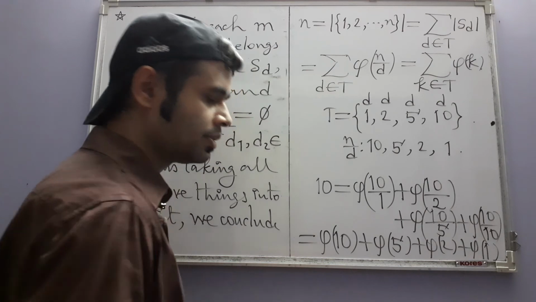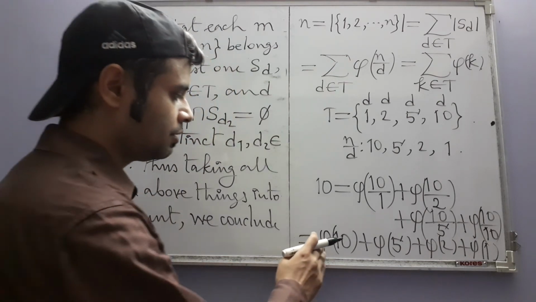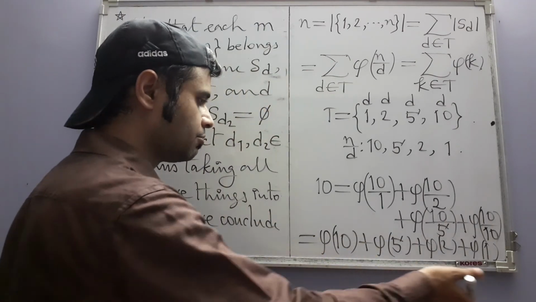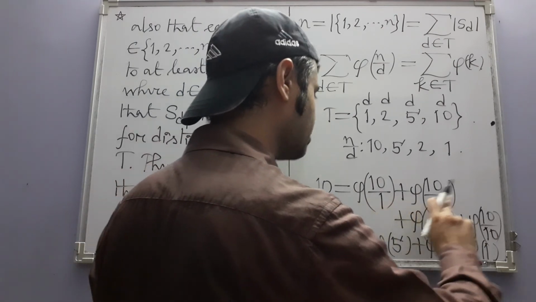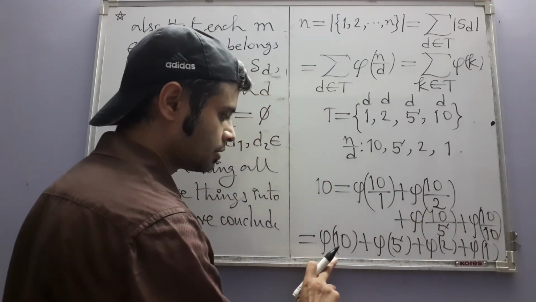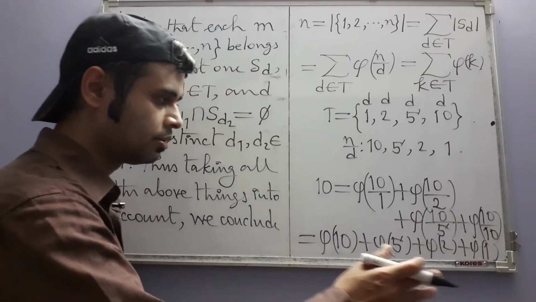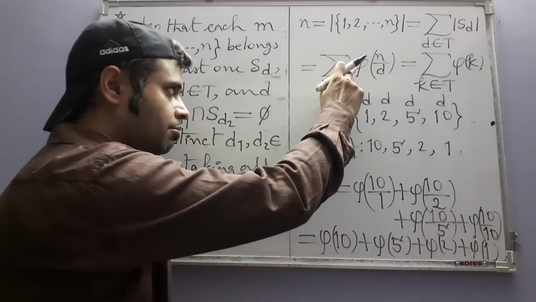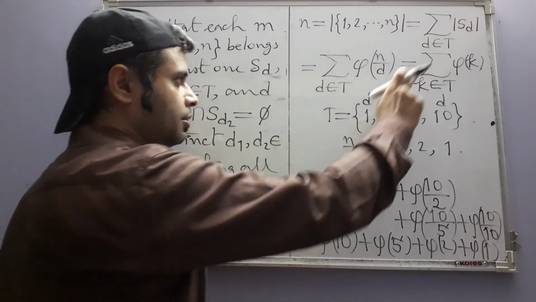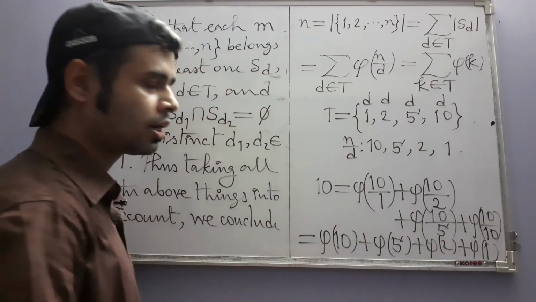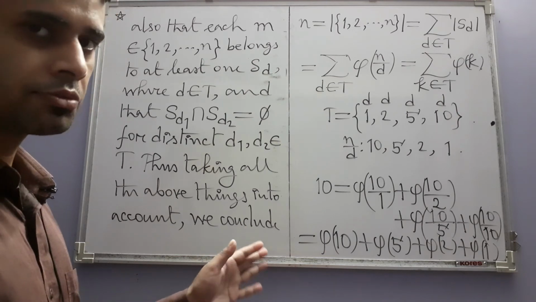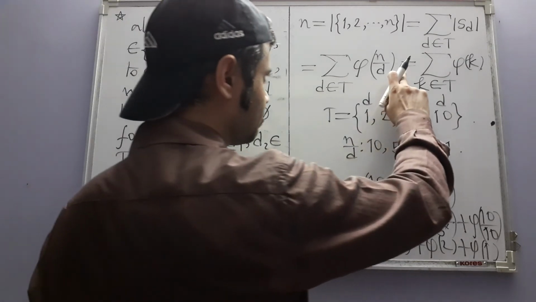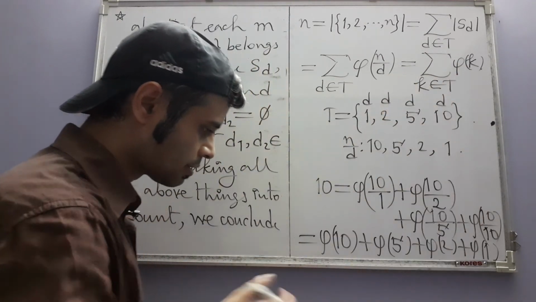Ultimately the sum is the same. Maybe you are rearranging the terms. Instead of considering the order phi of 1, phi of 2, etc., you are considering the order phi of 10, phi of 5, the opposite order. In fact, you have the opposite order here. Here you have the usual order. Now, the way we express this fact, and that justifies writing this, is like this.